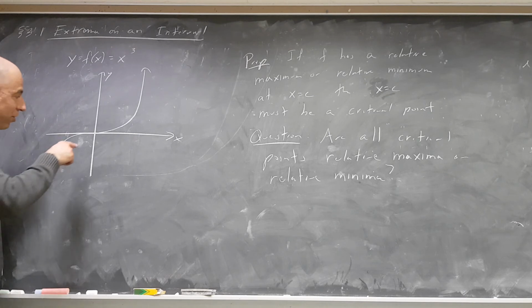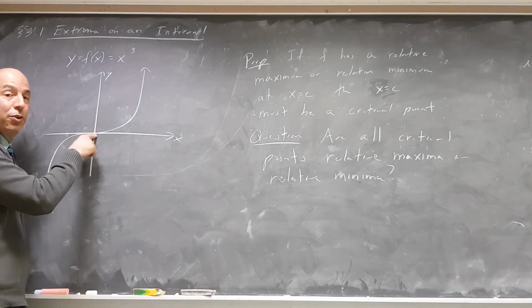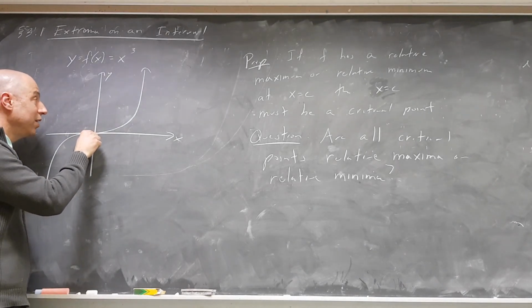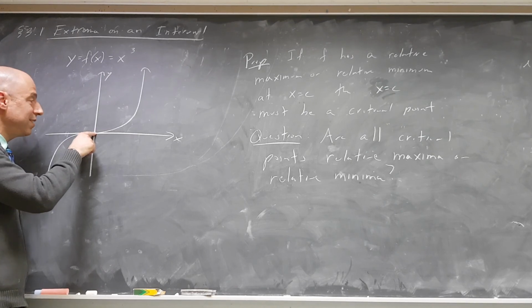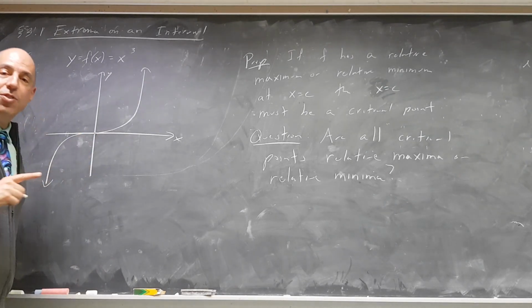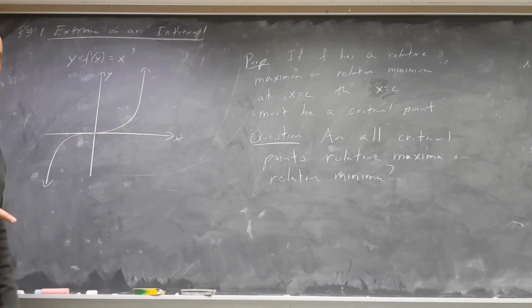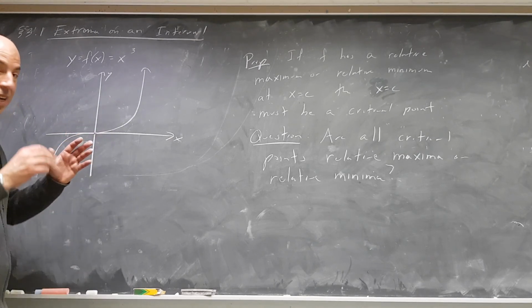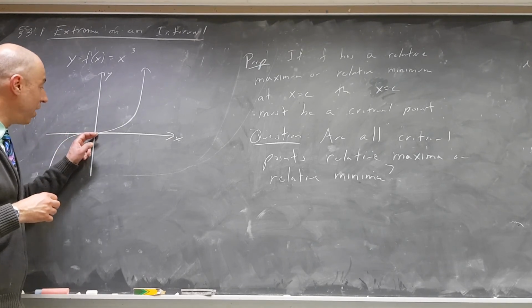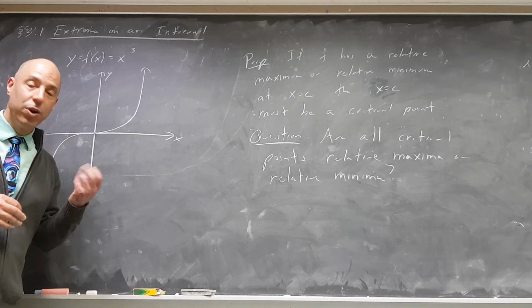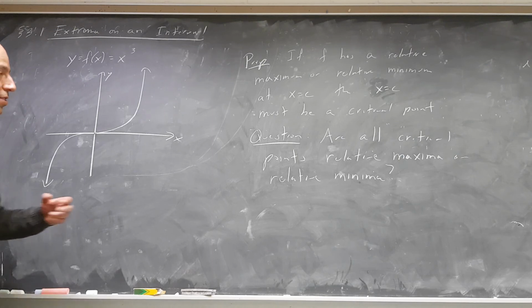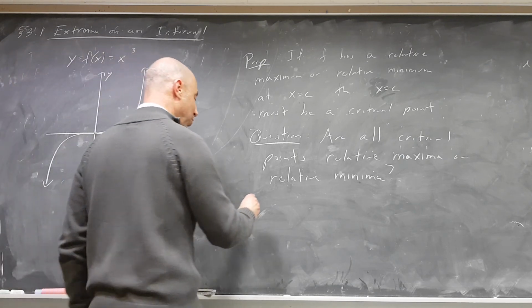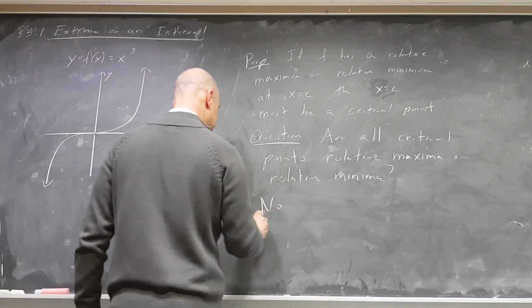And we sketched this function fairly carefully when we were reviewing pre-calculus, and we've seen a variety of different times that the derivative is 0 at x equals 0. The curve is horizontal there for an instant. And yet you can see, if we stand at x equals 0, we are not at the top of anything in our vicinity. We can get a little bit higher by scooching to the right. And we're not at the bottom of anything. We can get lower by scooching to the left. So the answer to this question is a resounding no. And here's an example.